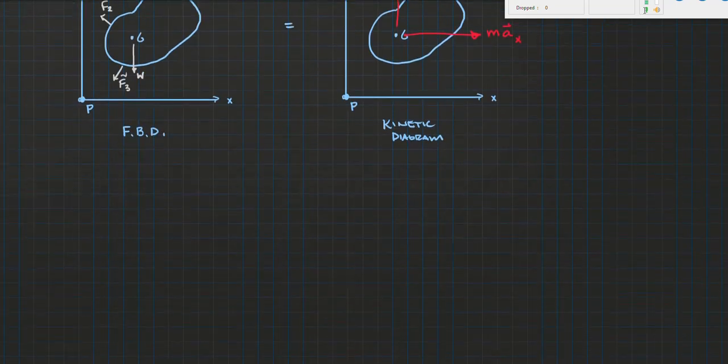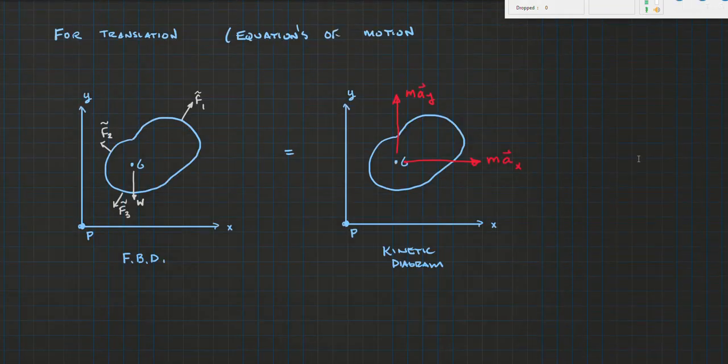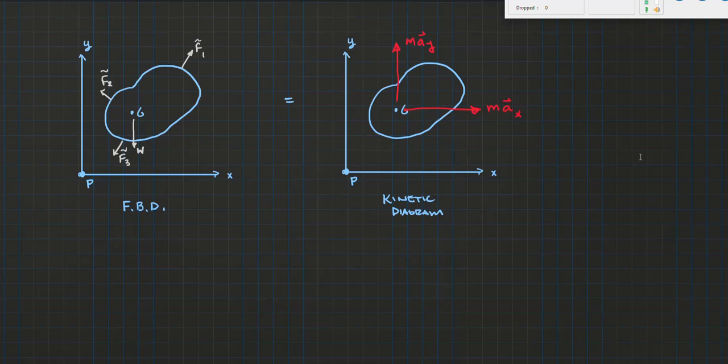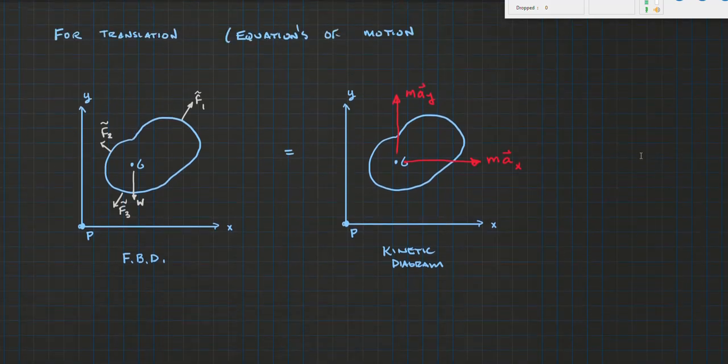From this, we can get our two mutually perpendicular expressions, summation of forces in the x direction equals mass times the acceleration in the x direction, and summation of forces in the y direction equals mass times the acceleration in the y direction.